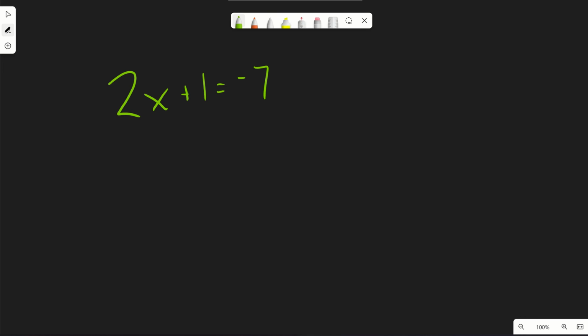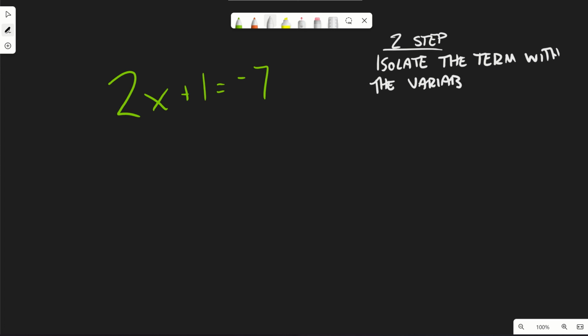So, the first thing I want to do when I have a two-step equation is isolate the term with the variable. What that means is get rid of every kind of number on this side that's not my variable.